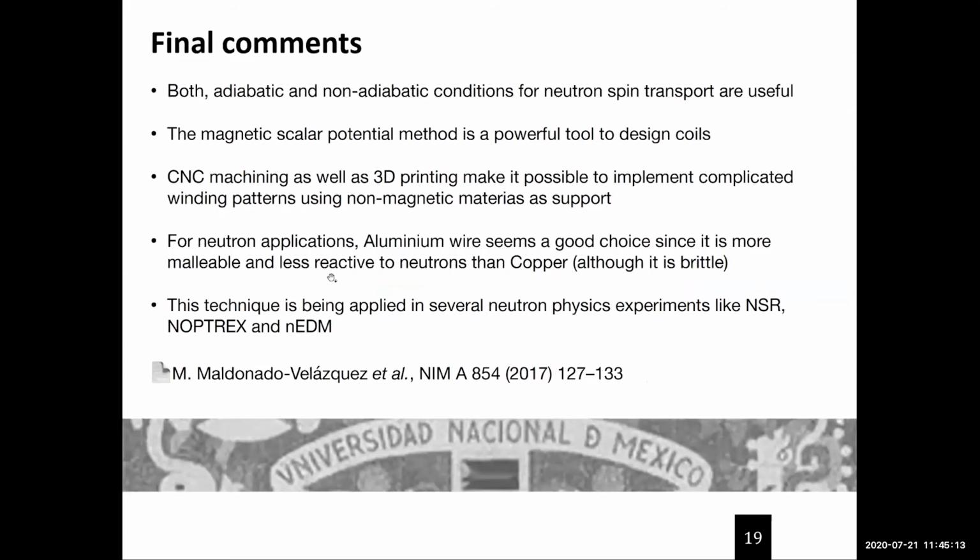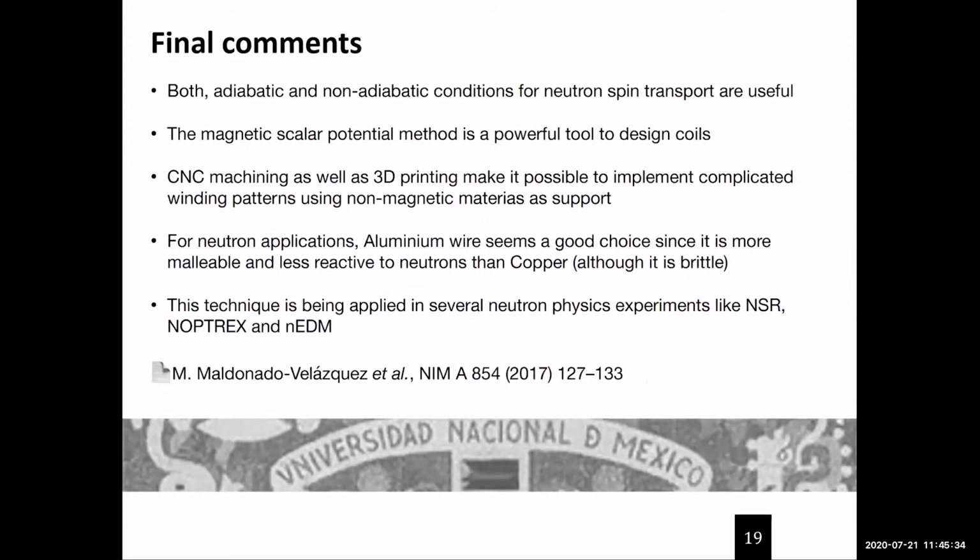So to finalize, I wanted to mention again that both the adiabatic and non-adiabatic conditions for neutron spin transport are useful depending on the needs of the experiment.